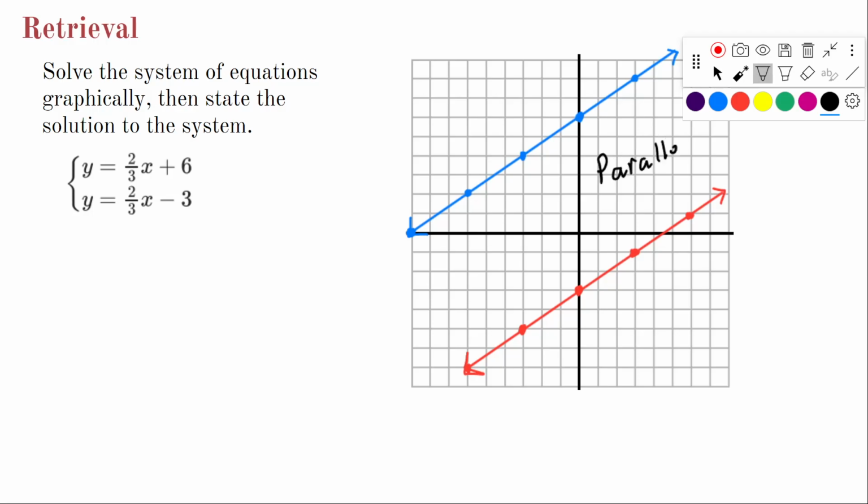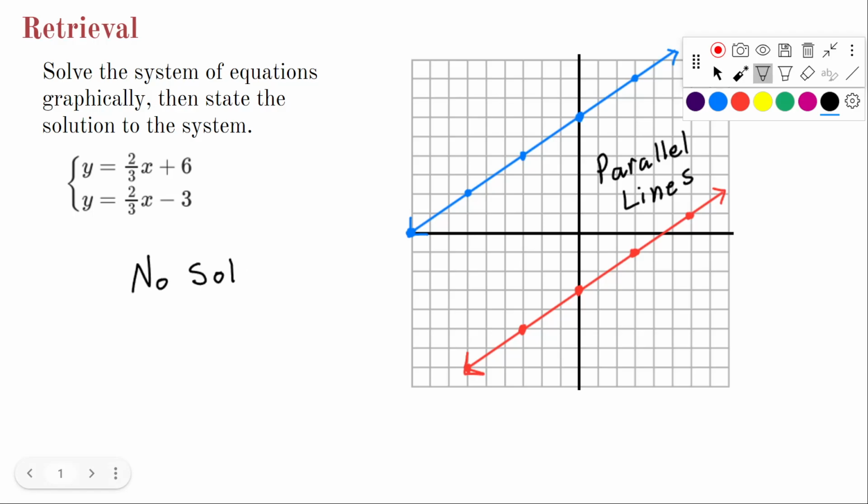And if they're parallel lines, that means they're never going to intersect. So, if you have a situation where you have the same slope in your two equations, or you can tell from looking at the graph that your lines are parallel lines, there is no solution.